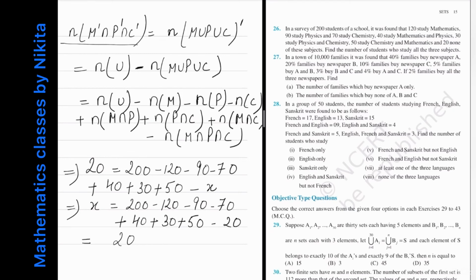So hence 20 students is equal to x. And what was x? X is the number of students who study all the three subjects. So 20 students study all 3 subjects.